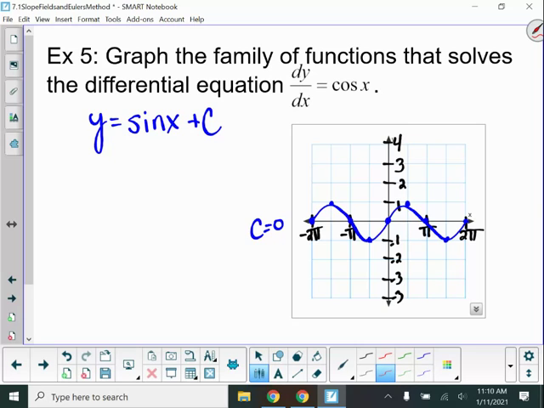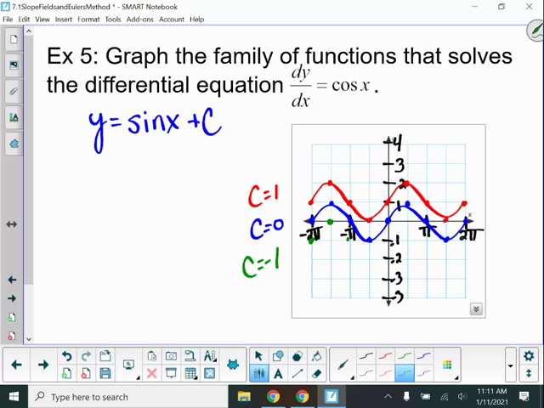Now, let's take a look at, let's say c is equal to 1. So that would take everything in that graph and shift it up by 1. So it could look like this. And again, even though the differential is cosine, I don't know what the original constant was. So that's why I have all these different options here. Let's say c is negative 1.